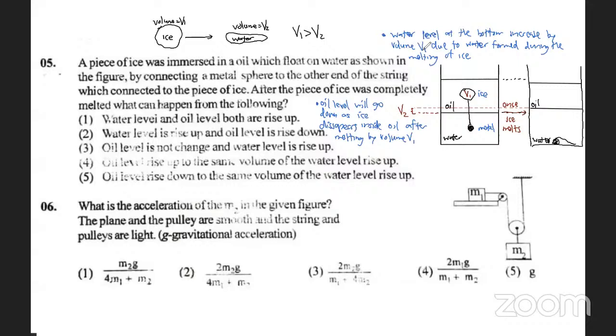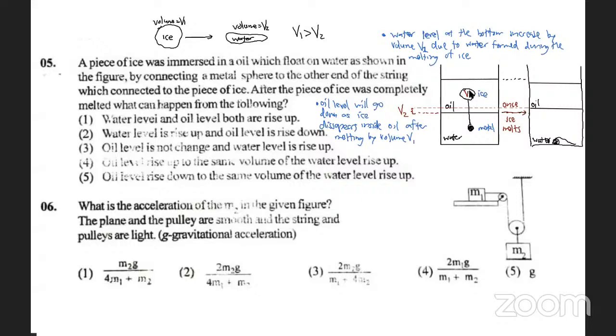Wait, this should be V2 now. Sorry, not V1, V2. Because once ice melts, the volume is not V1 anymore. It will be V2, right? That level will increase here, and all the volume of ice will now be taken up by oil. This part of oil was occupied by ice before it melted.